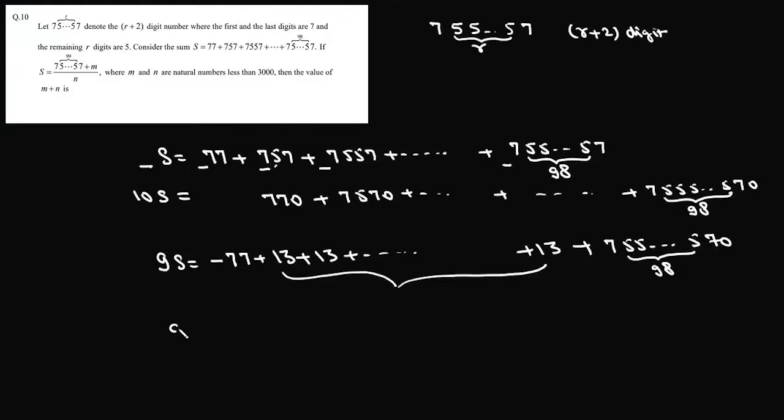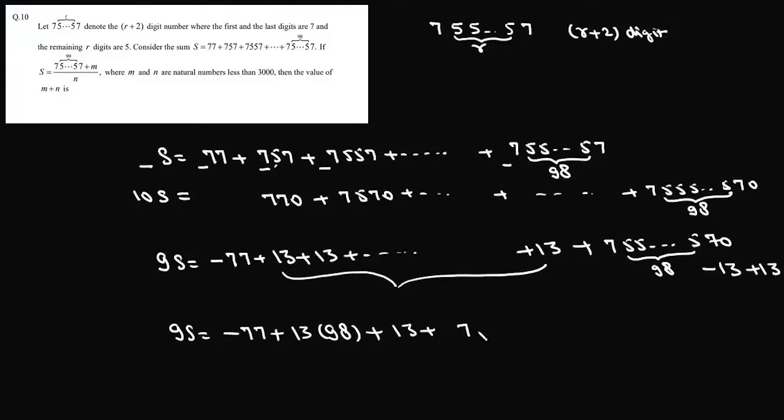So we can write 9S will be minus 77 plus 13 into 98 plus, now here we need 7, 5, 5, 5, 5, 5, 7, 99 times. So what we'll do is we'll add 13 and subtract 13.